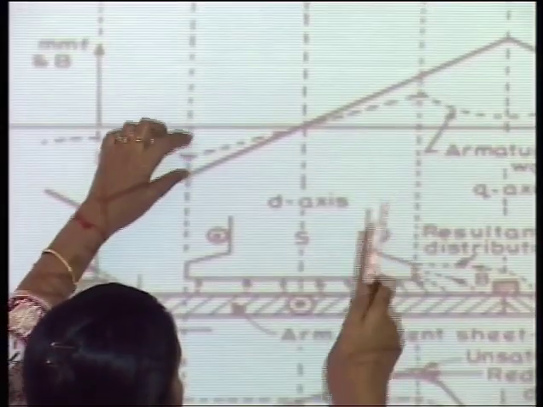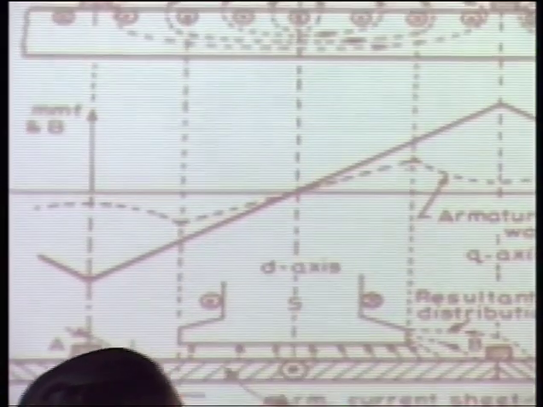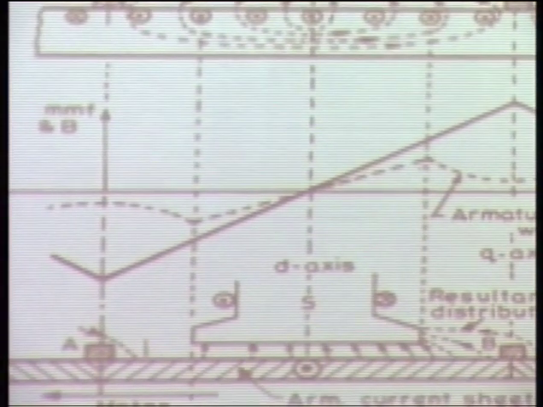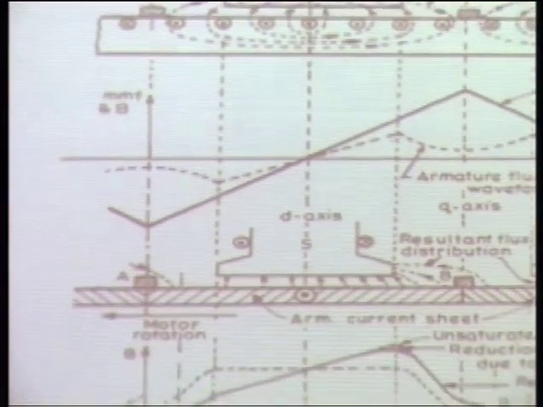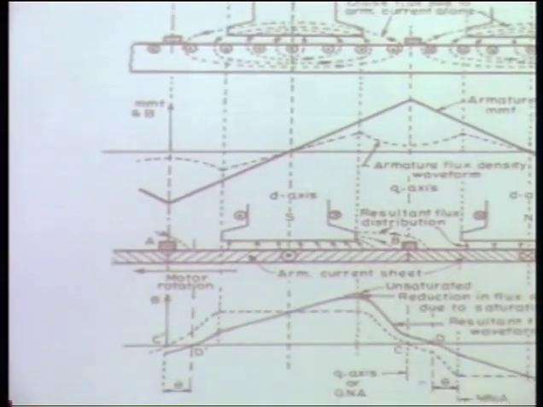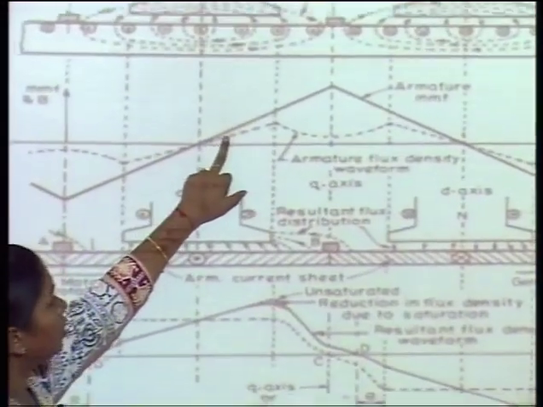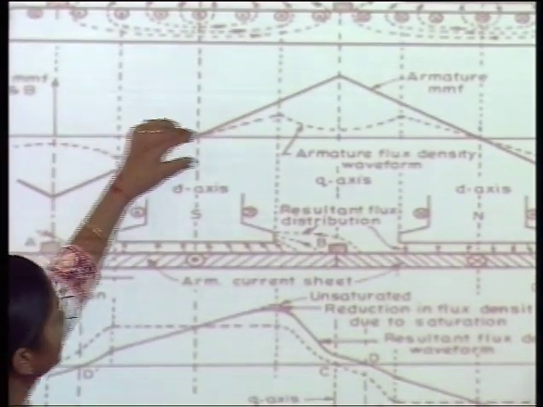Under the pole tips, the magnitude of armature flux is quite large. So, if we can increase some reluctance on these tips, just on the tips, not at the center part, because at the center part it is already very less, and at the tips it is more.